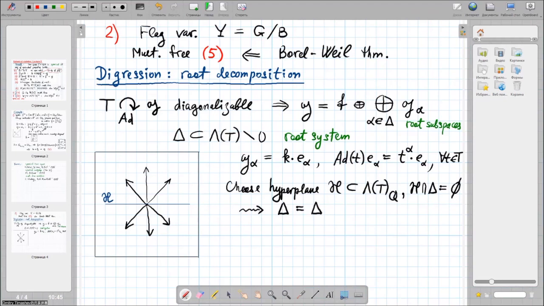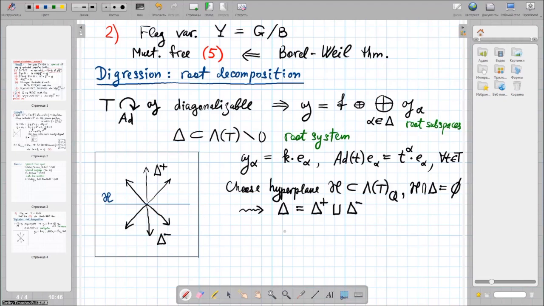The hyperplane H subdivides the vector space in two half spaces, and we can subdivide the set of roots in two parts, delta plus and delta minus. So delta plus is the set of roots sitting in one of these half spaces, and delta minus is the set of roots sitting in the opposite half space.